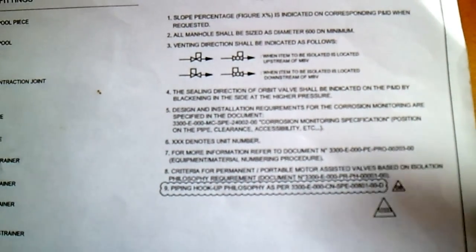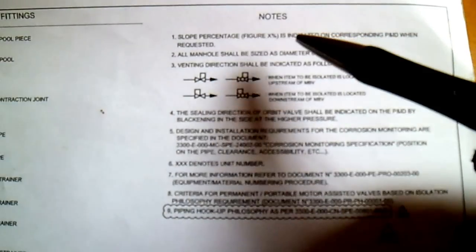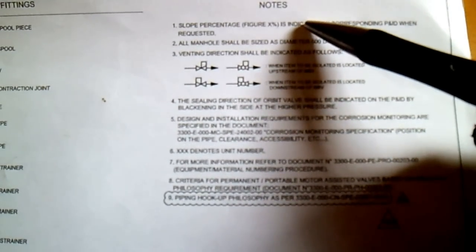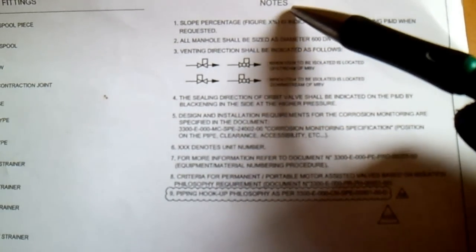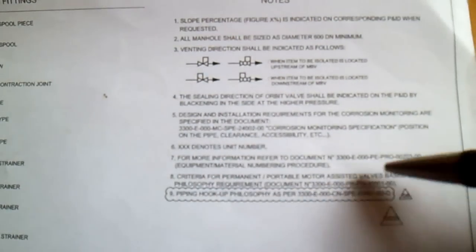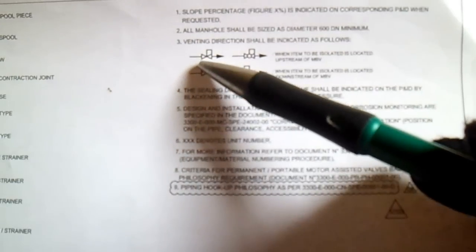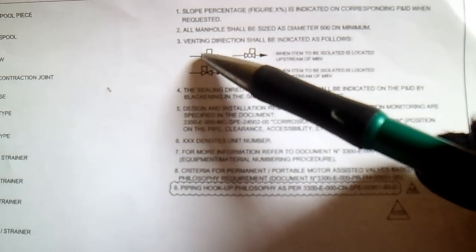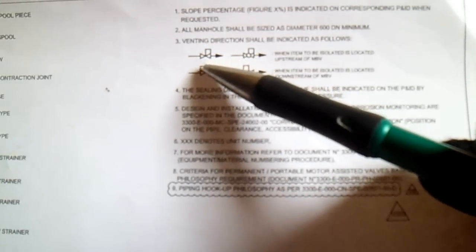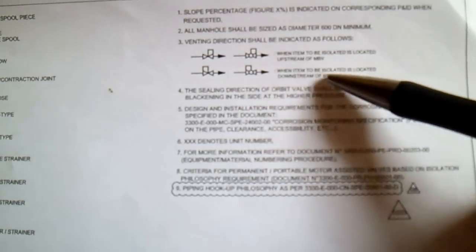Also in this legend we have notes. This must be read, also this note. If you see this valve, they have a small square on the upper side.